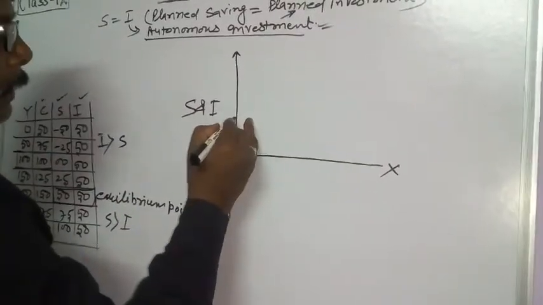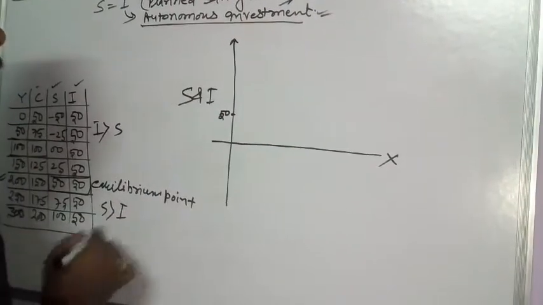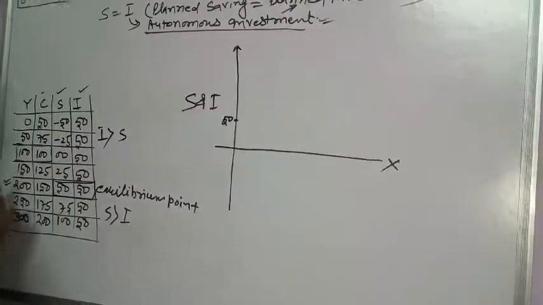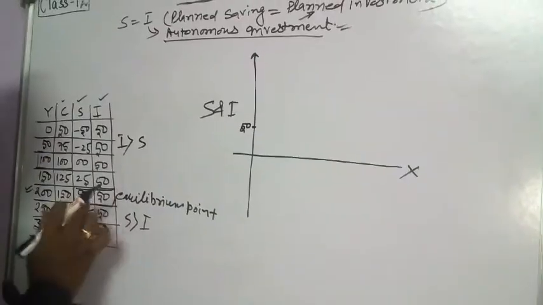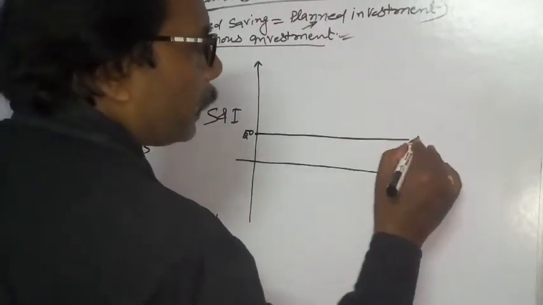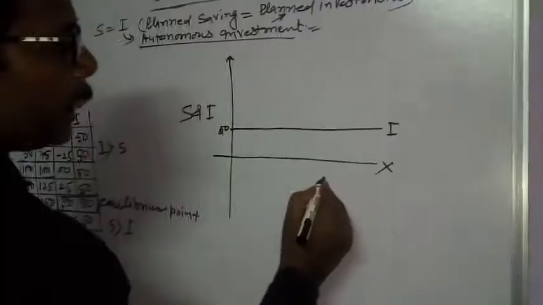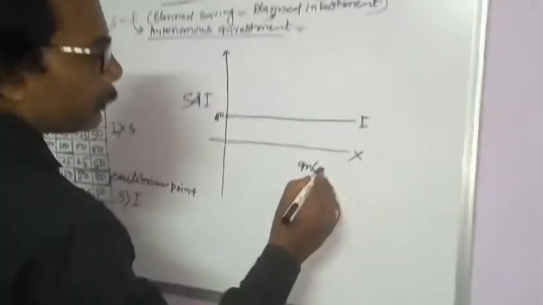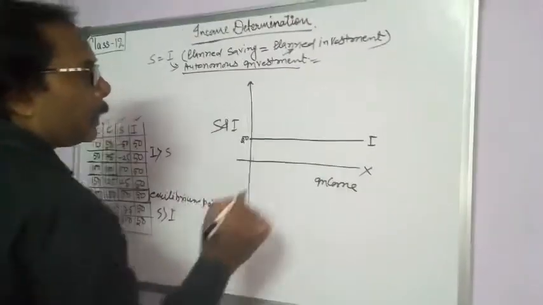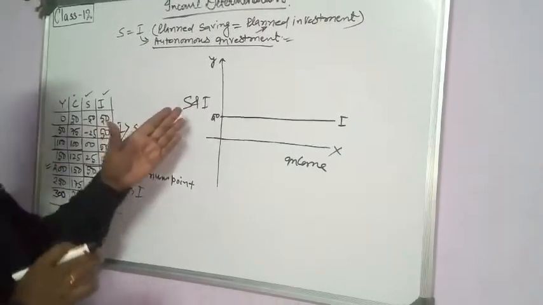So at all levels of income, investment is 50. That's why the investment line is parallel to the x-axis. On the x-axis I have taken income.